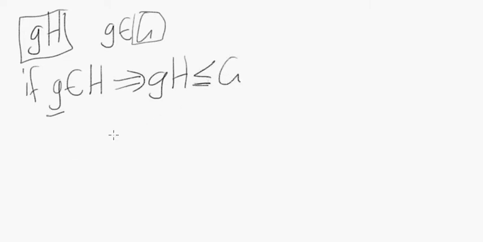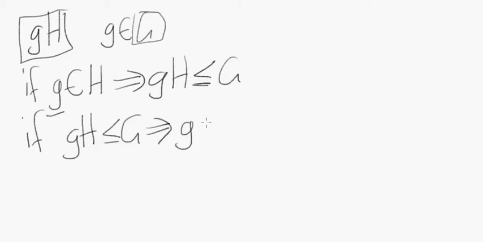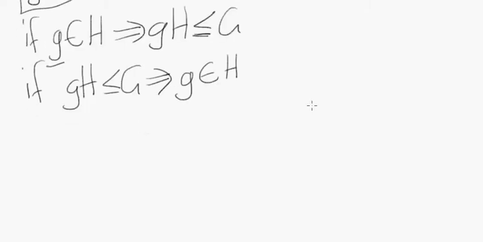The other thing we saw was that if the left coset gH is actually a group, let's say some subgroup of G, then the following also holds: it is also true that g is an element of H. So the end result of combining these two statements gave us a complete criterion for determining whether a coset is a group or not.